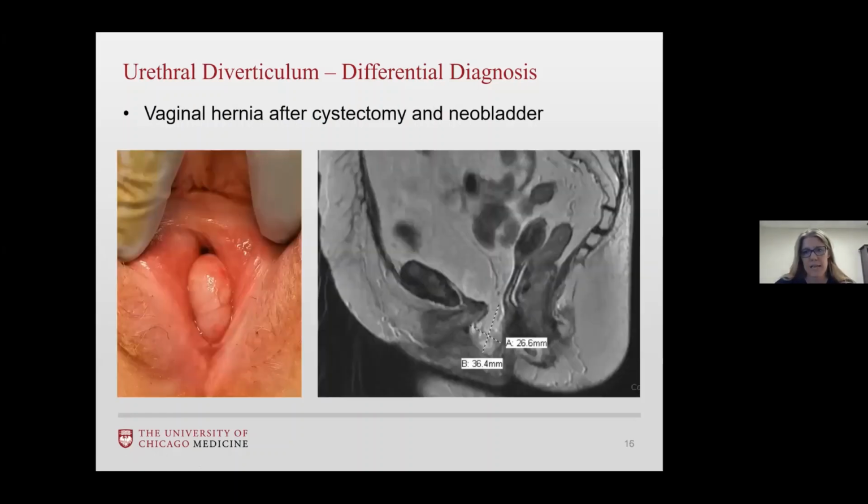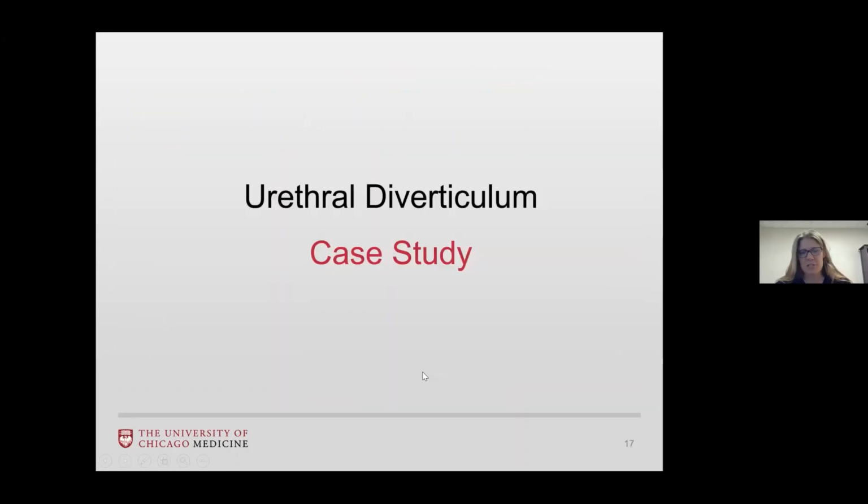So that was an interesting case. This is another woman I saw who had a cystectomy and neobladder, and she had a vaginal wall lesion, and you can see here it's like a hernia of fat. So we were able to just do a simple excision of this. So sometimes you may find some interesting vaginal wall lesions that aren't typically described.